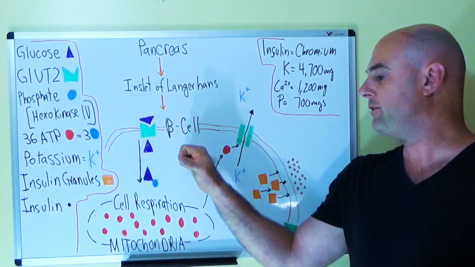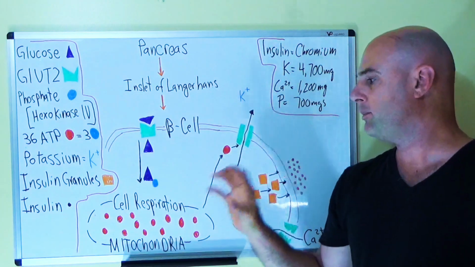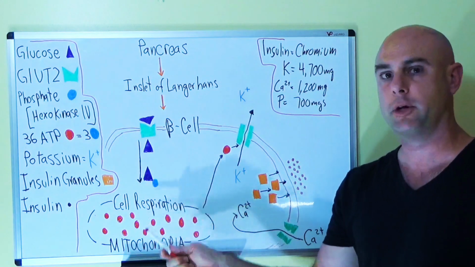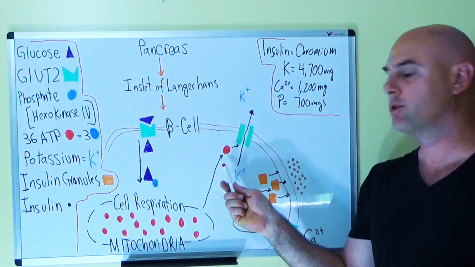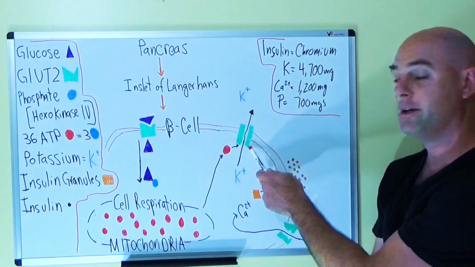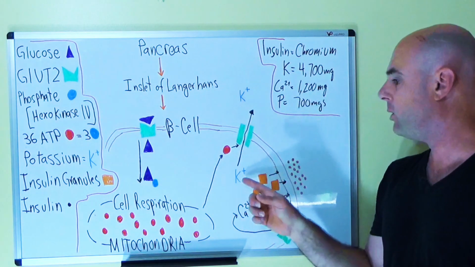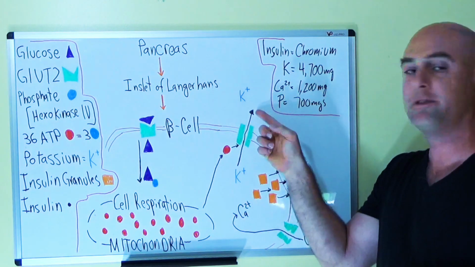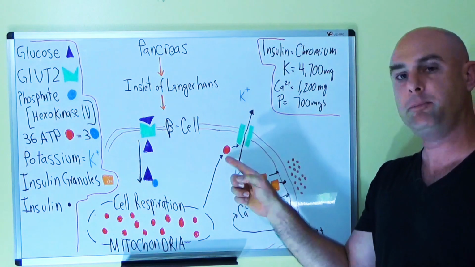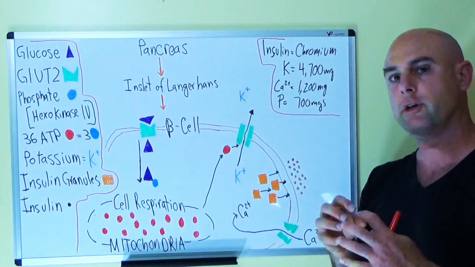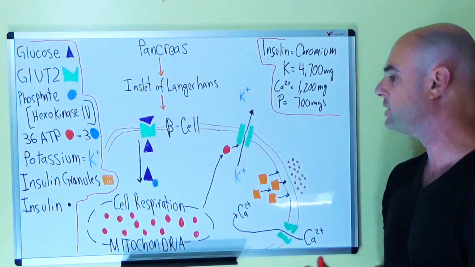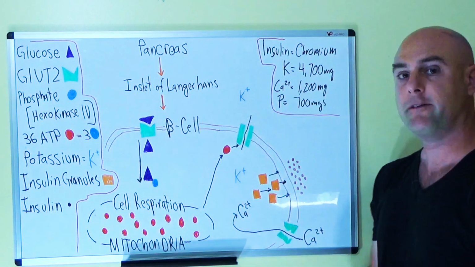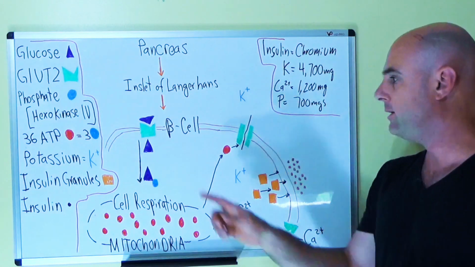So again, in these beta cells, once the beta cells produce enough ATP through cellular respiration, the ATP is going to come over and block this potassium-gated channel. Now, when the potassium-gated channel is not blocked, potassium leaves the cell. But when ATP gets to a certain level, an ATP molecule will actually block this potassium-gated channel and prevent potassium from leaving the beta cells.